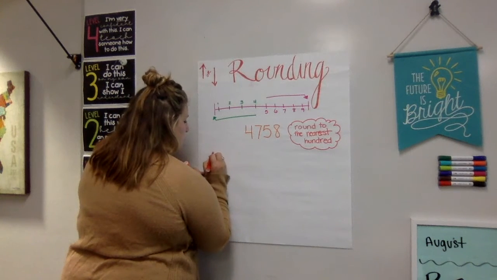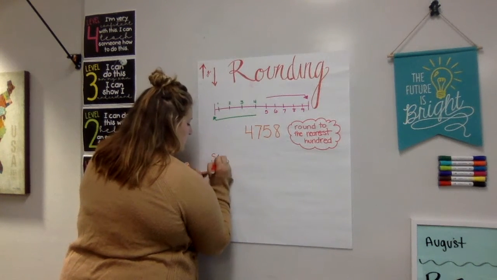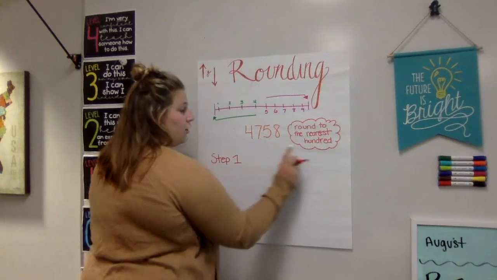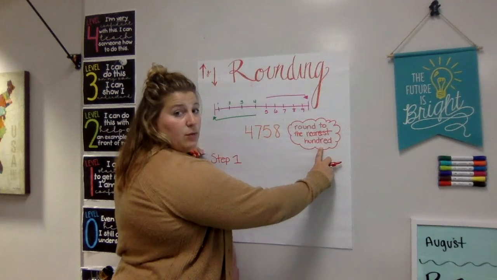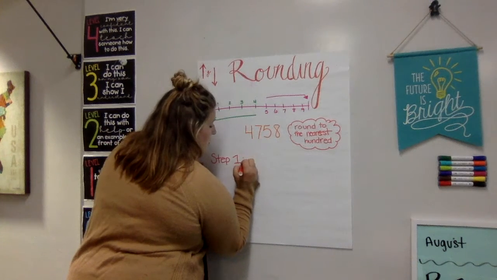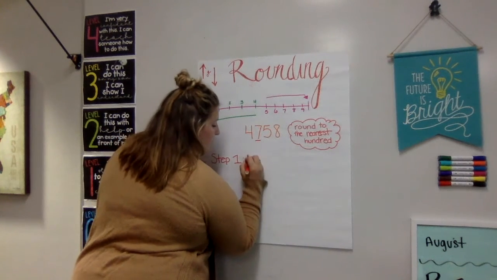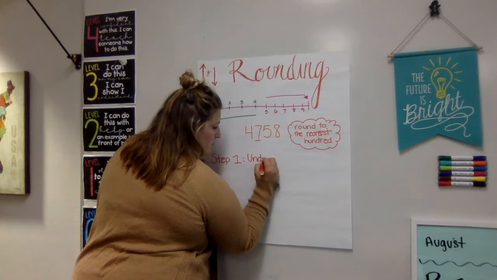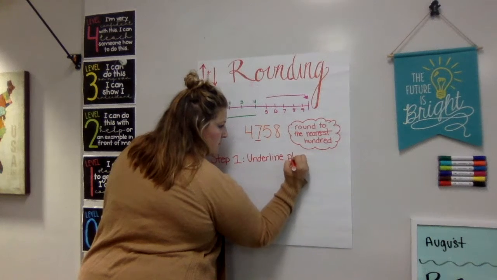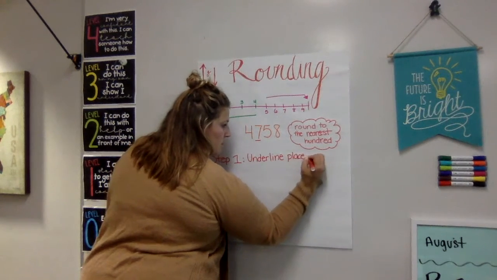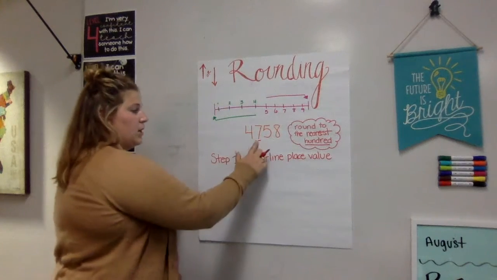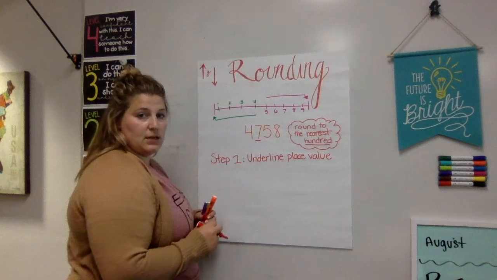Step 1, we're going to underline the place value that it's referring to. So I would underline the 7, because it says 100 and the 7 is in our 100th spot.